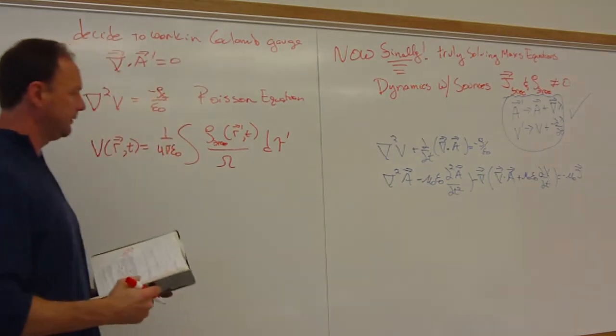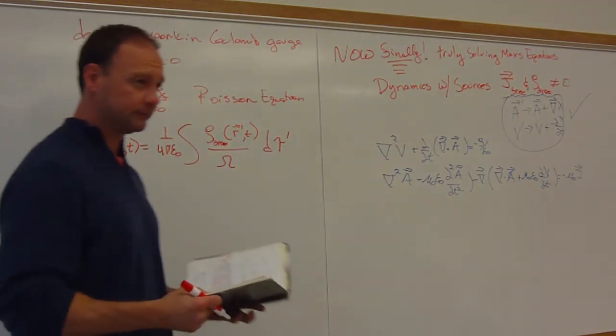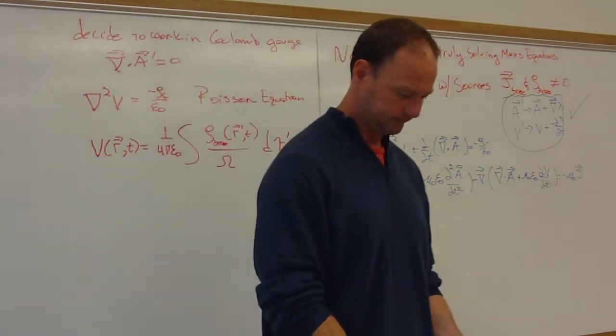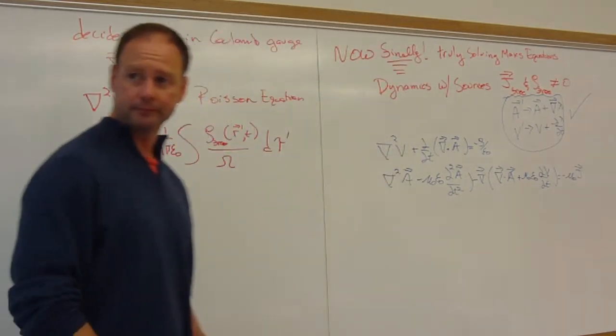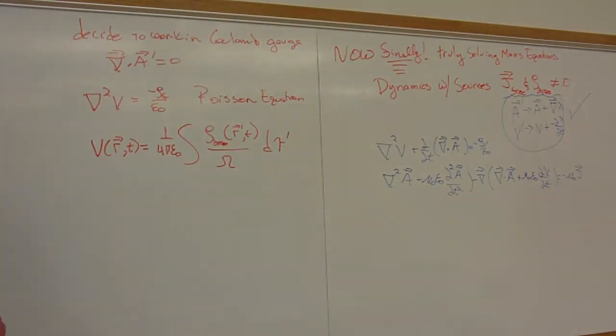So tell me what everything is there. Well, the script r is the separation vector, and you're summing up over the integral. What's the integral over? What's that tau symbol? That's volume. That's what Griffiths uses for volume.